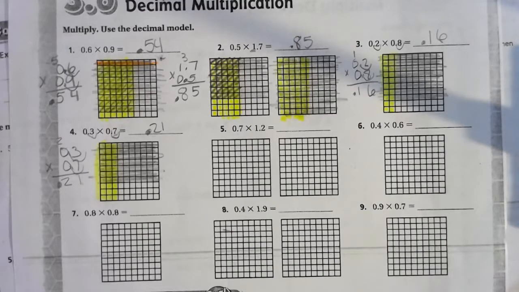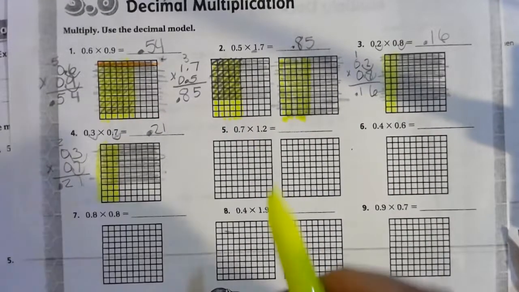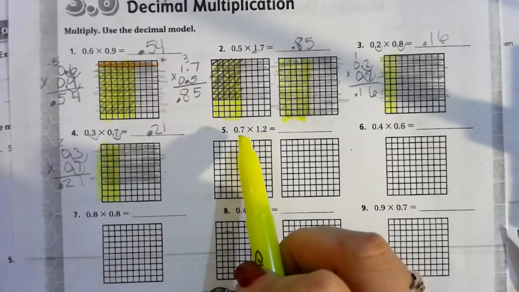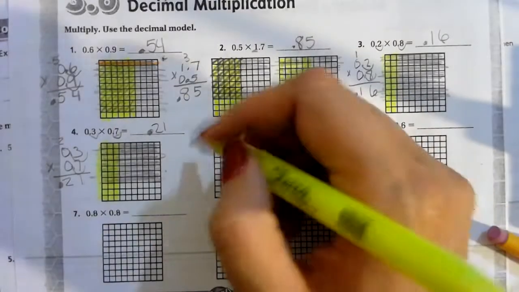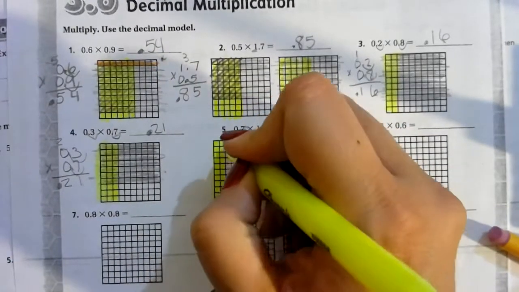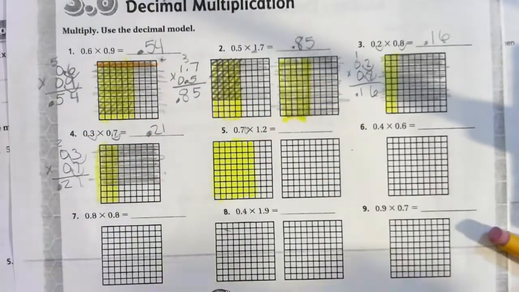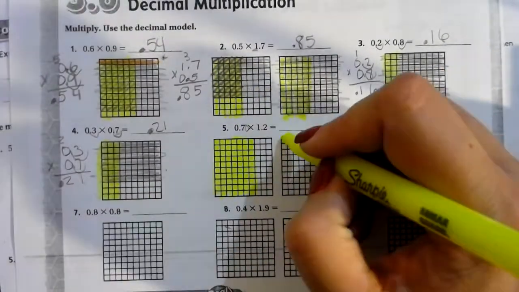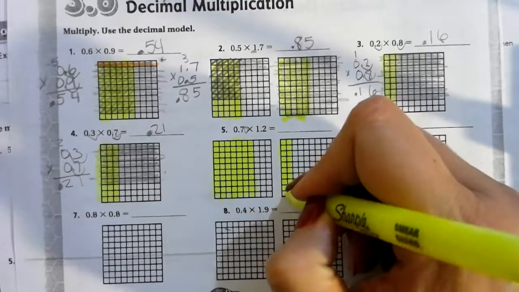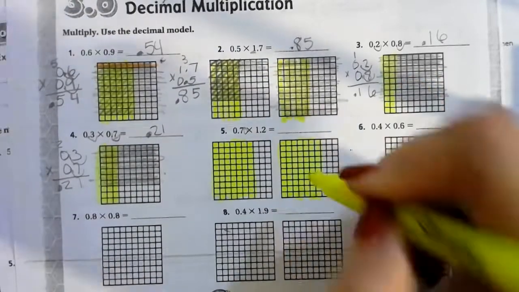All right, so now you should be back, and I want you to shade with the highlighter again, or yellow. So 7/10 or 7 dimes, right? And again, if I plugged that little 0 in the back, that would be 70 cents, so 70 squares. And I'm going to go by tens. So 10, 20, 30, 40, 50, 60, 70. I've got to do it on that one. And then remember our mistake up here? We have to do it on this one as well. 10, 20, 30, 40, 50, 60, 70 there.